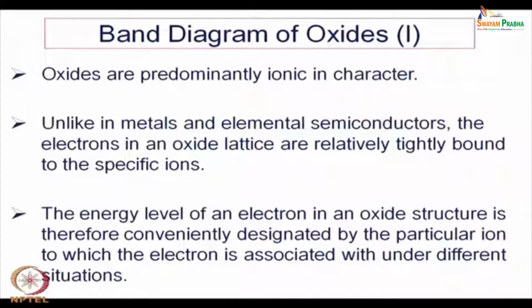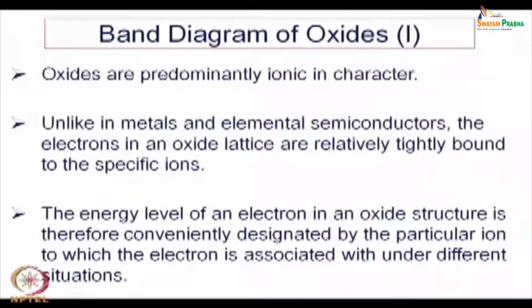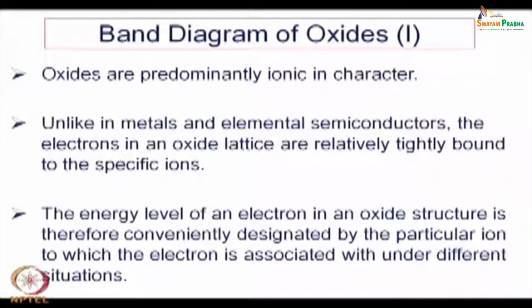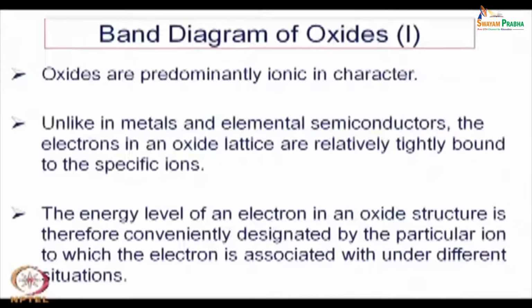So, the bands are designated as bands associated with the particular cation or the anion. We will look into what exactly it means. The energy levels are designated by that particular cation or anion when the electron is associated with that particular ion.